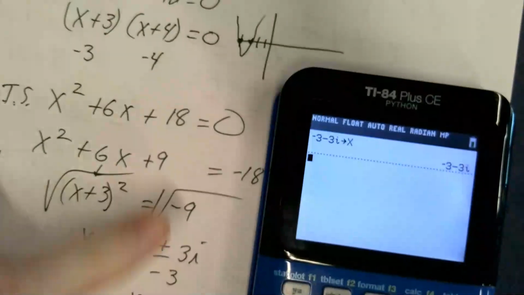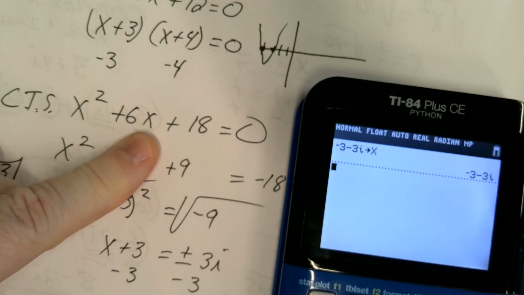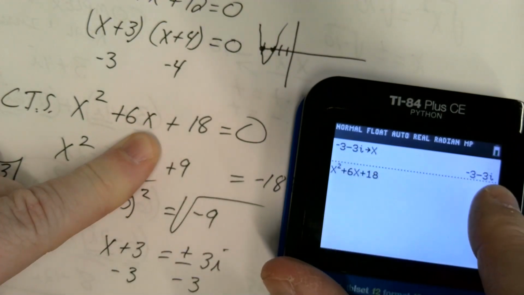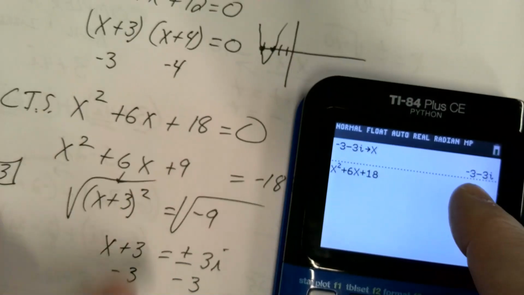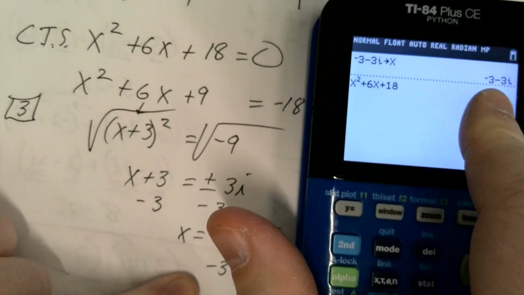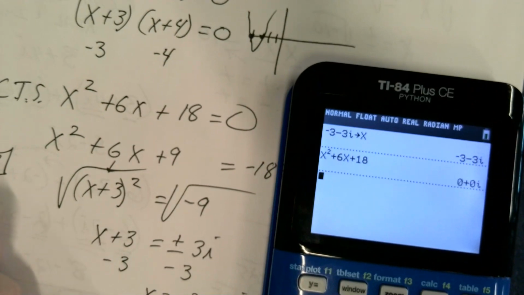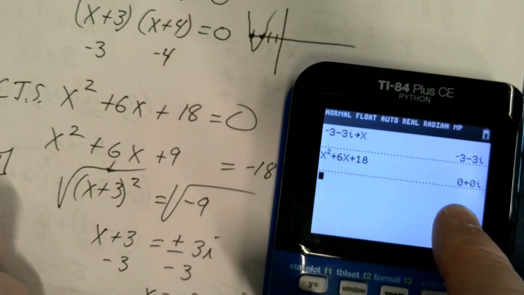Then I'm going to go ahead and type in this original expression, because I said that that's supposed to be that solution. So x squared plus 6x plus 18. And if this is true, if that's what x equals, which we did by solving it, then this should equal 0. And you can see it does.